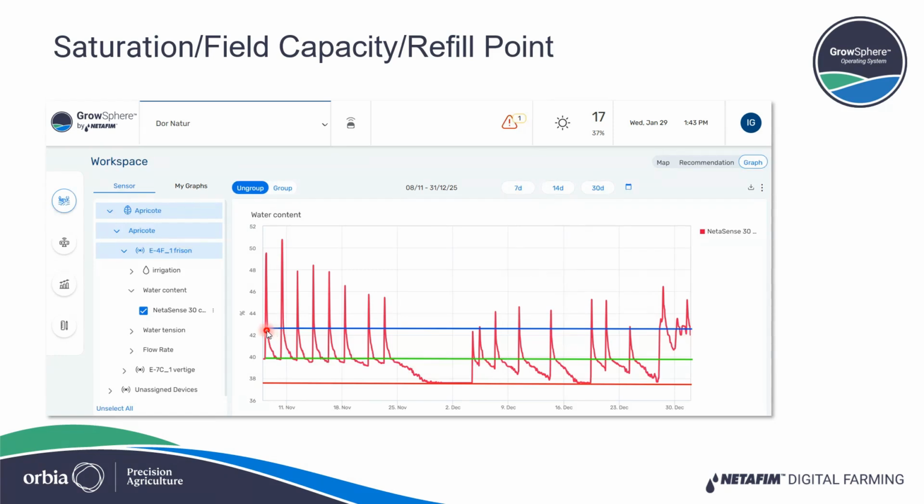So the blue line will represent the saturation or over-irrigating. The green will represent the field capacity. And the red one, probably the refill point.